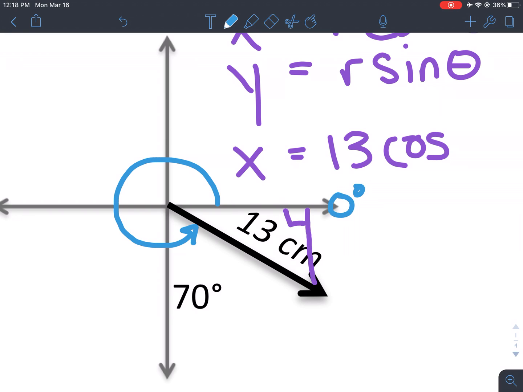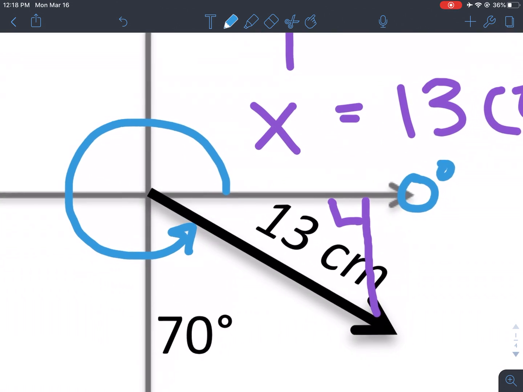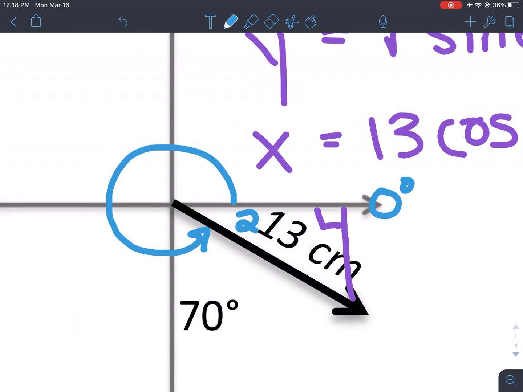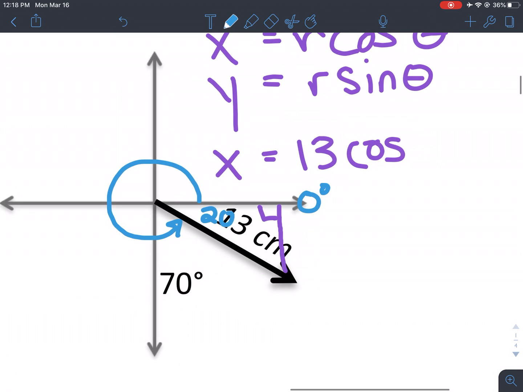And that means that 360, if this angle is 70 degrees, that's the vertical, and that means this is 20. So that means that we should be doing 360 minus 20, and this angle is 340 degrees.